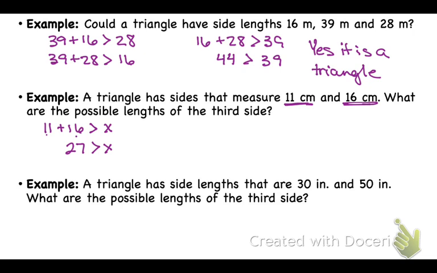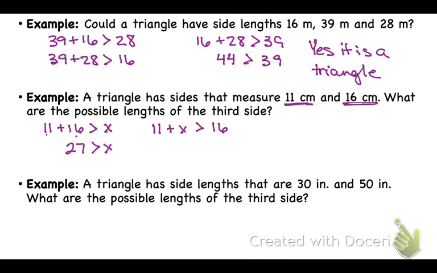Okay? Now, put the smallest one plus x has to be bigger than what? 16. Now, if you always set it up this way, you don't have to do a third problem. You guys like to be efficiently lazy? So I took the smaller of the two and put it plus x has to be bigger than the third side, right?